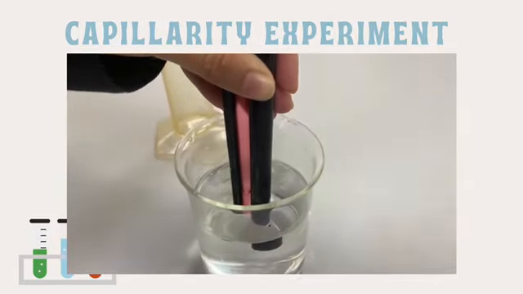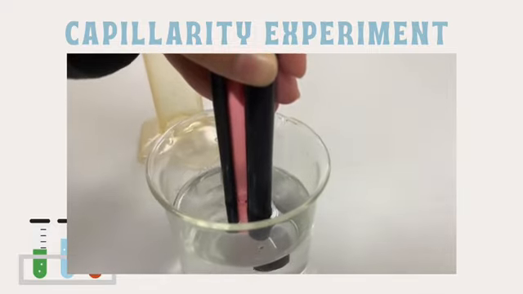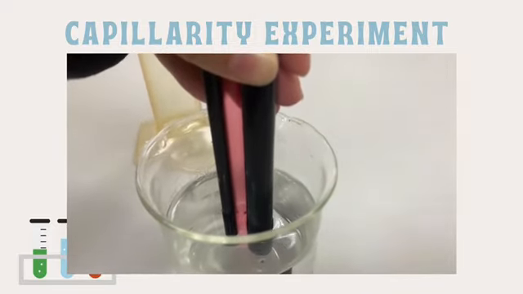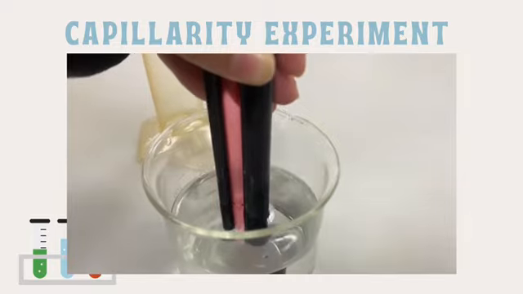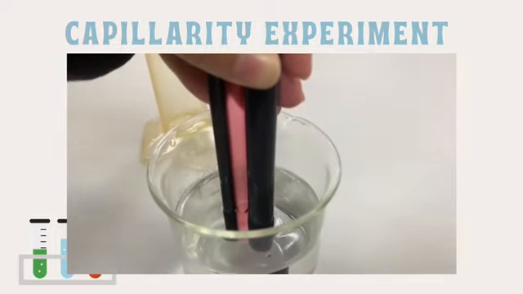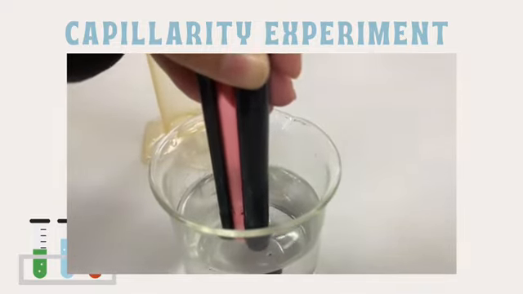After 30 seconds, we will see the water level in the straw is higher than the water level in the beaker. The narrower the diameter of the straw is, the higher the water level in it.